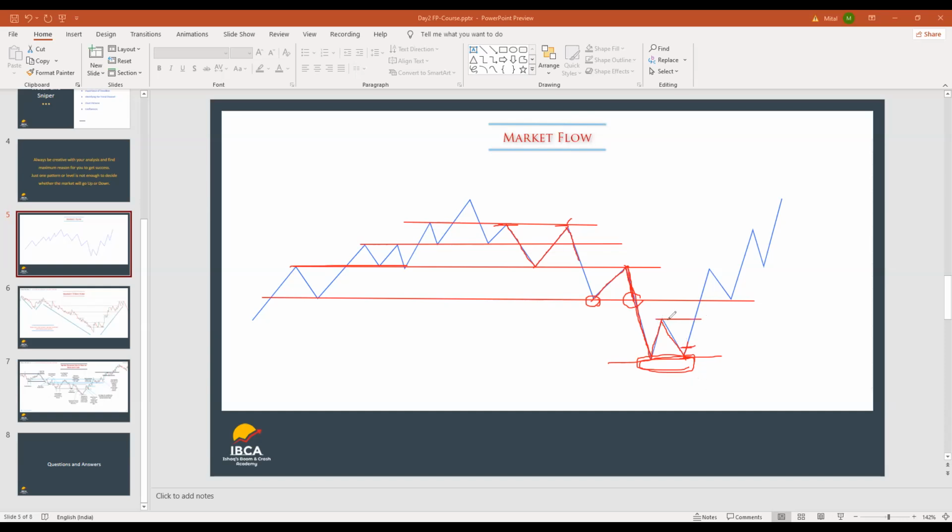So the safe TP is always your previous market structure. If you are risking here, the safe TP is the previous market structure. You can watch here. If the market is getting back again, you can exit. Take whatever profit you have, correct?